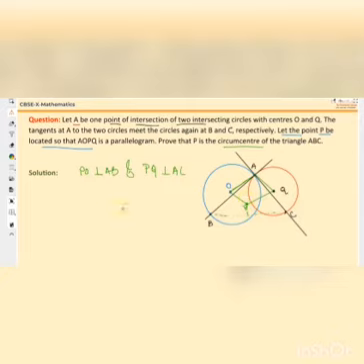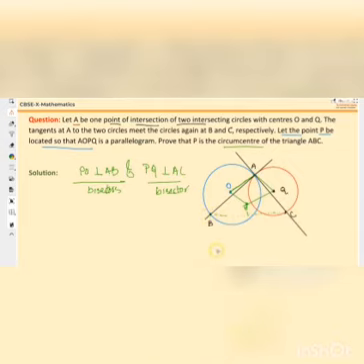So we just need to prove that these are perpendicular bisectors. So we just need to prove that OP is the perpendicular bisector of this side of this triangle, AB. How do you do that?